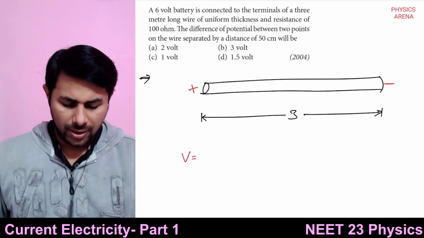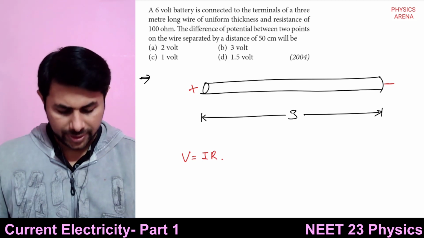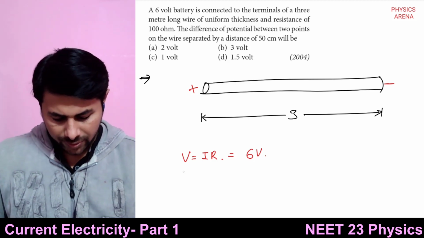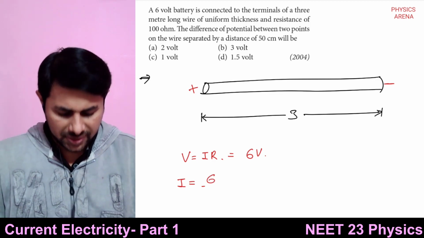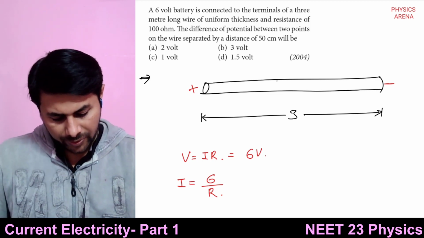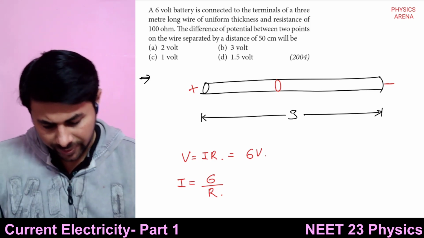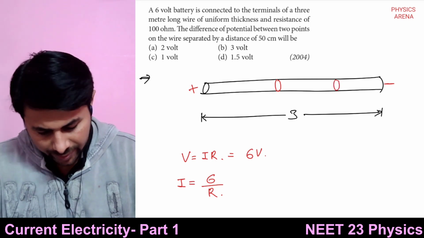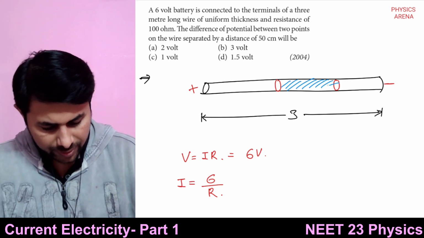Now we can say V is equal to I times R. It is 6 volts, so we can say I is equal to V, 6 divided by R. R is also given actually. Now you consider wire having length equal to 50 centimeters.